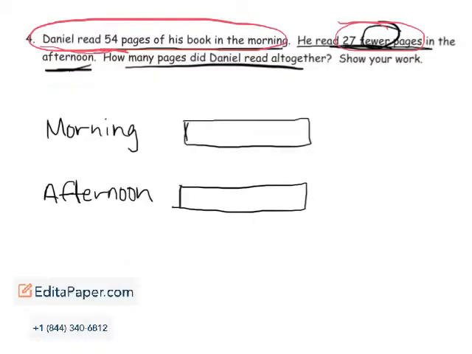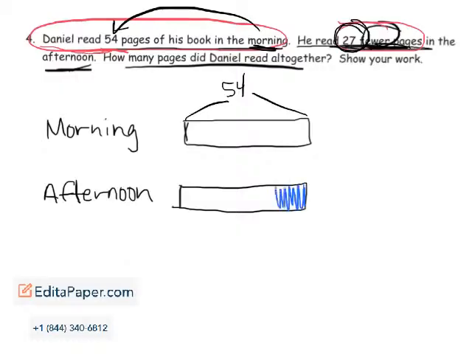So what we're learning is in the morning, this is 54. Now, the afternoon is 27 pages fewer. So what that means is we need to take this tape diagram and make it shorter. And we're going to make it shorter by 27.